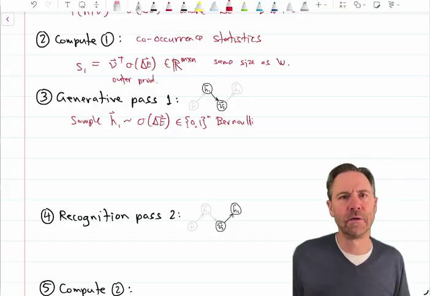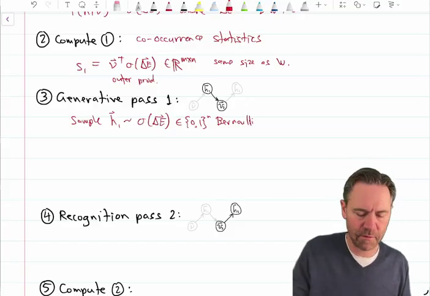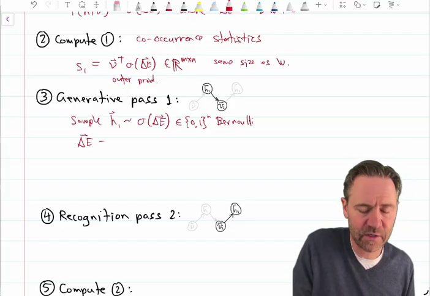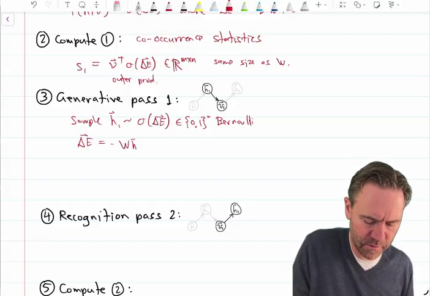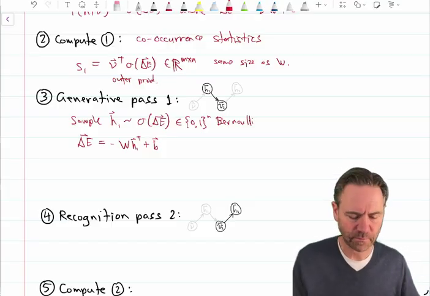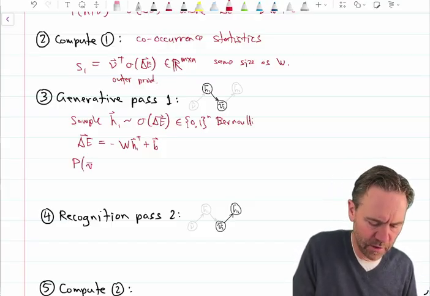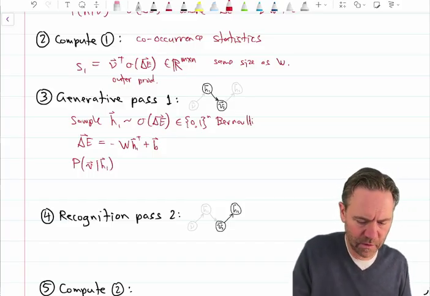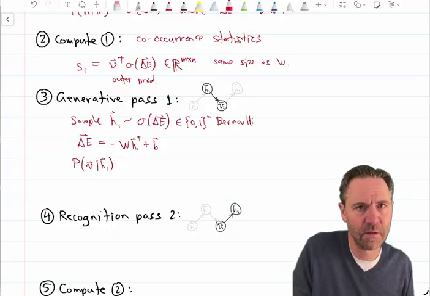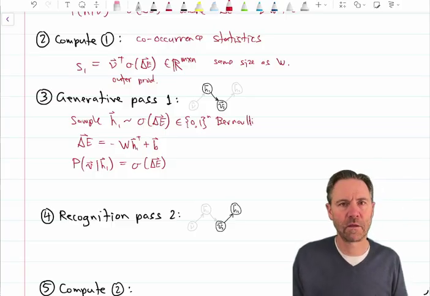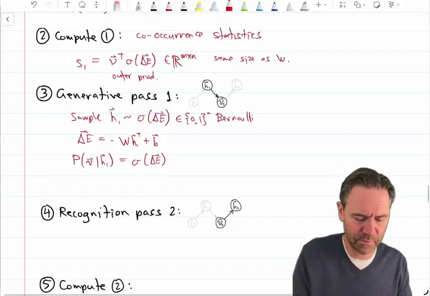Okay, so once we have that, we can project down and get the energy gap for the visible nodes. Right, so we're taking those hidden nodes and we're projecting down. Now we compute the Bernoulli probability of the visibles given the hidden. I'm calling those binary hiddens H1. Right, run through logistic.